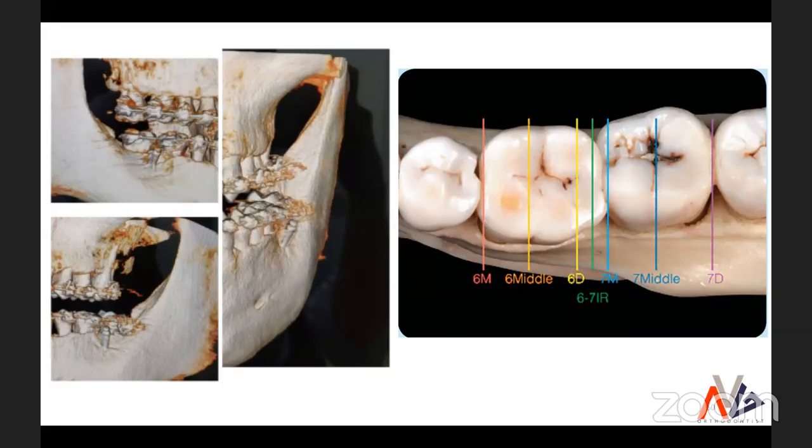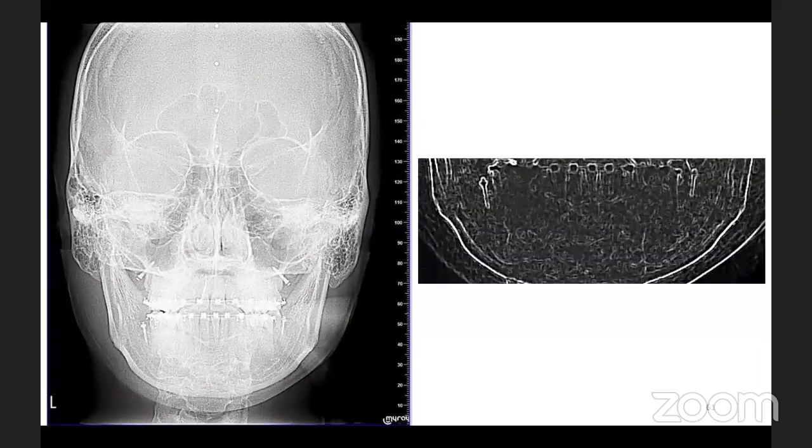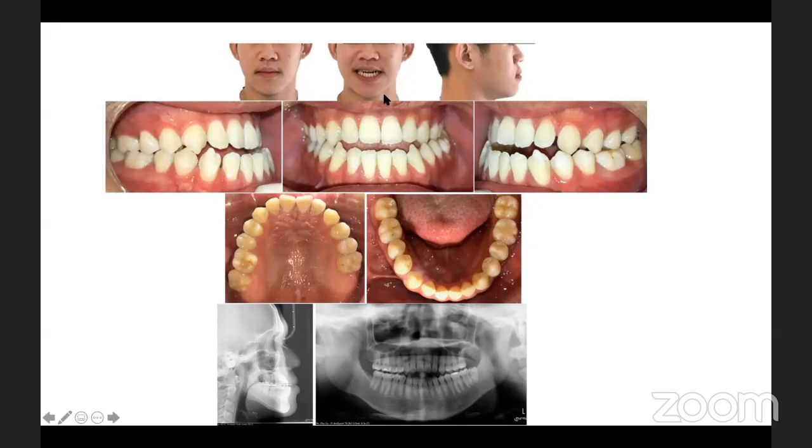Perfect. All right, sir. So with that in mind, let's move on to another case, which was a more severe class 3. As you can see over here, this particular case came with a midline shift in the upper as well. You have a 3 or 4 millimeter midline shift in the upper.